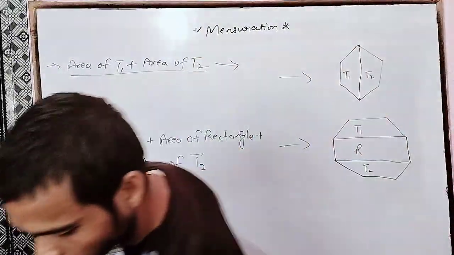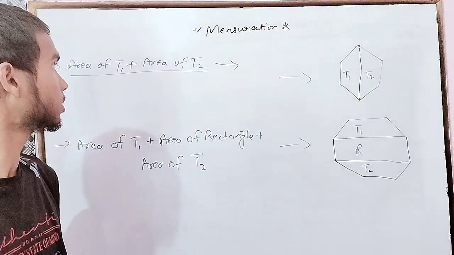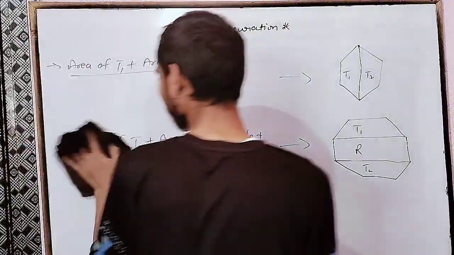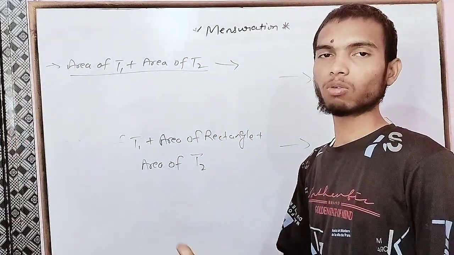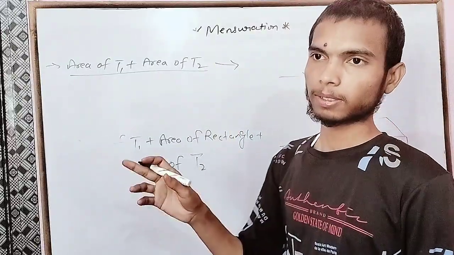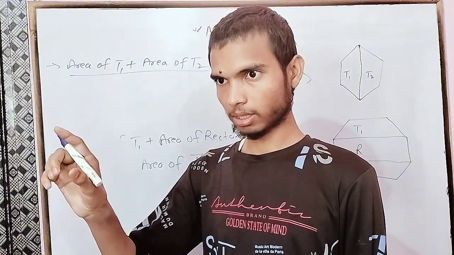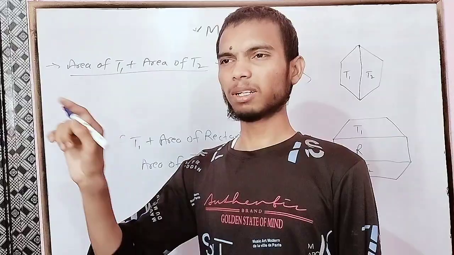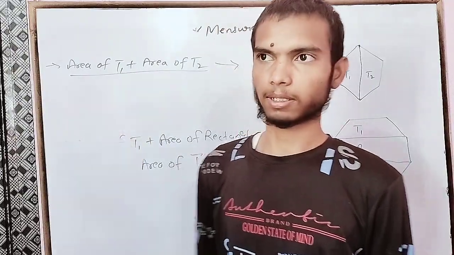Now next, we are going to take questions based on this polygon. Remember, to find the area of a general quadrilateral, it is 1/2 multiplied by the diagonal, multiplied by the sum of the perpendiculars.